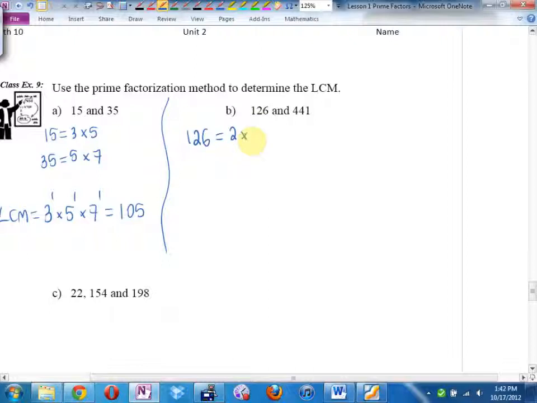I'm going to go with 63. Yeah, 63 is what times what? I know it's 7 times 9. Yes? What's 9? 3 squared. In my mind, I'm seeing 3 squared and 7. Yes?